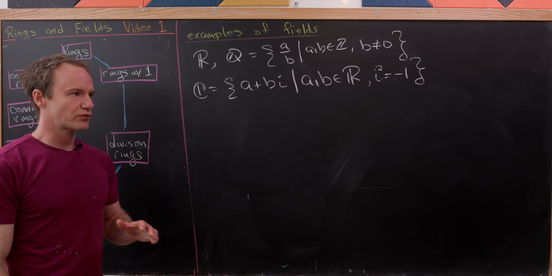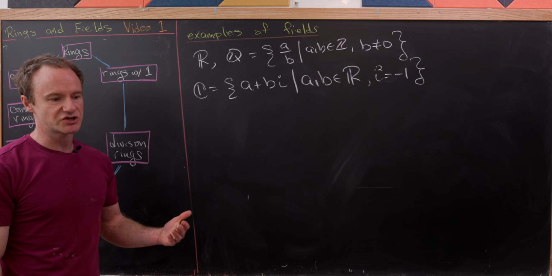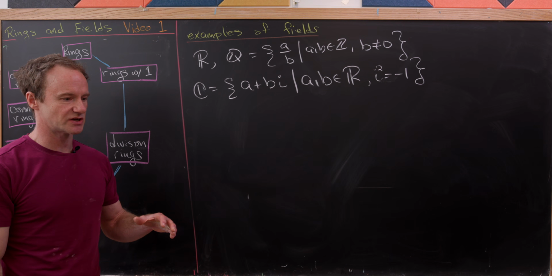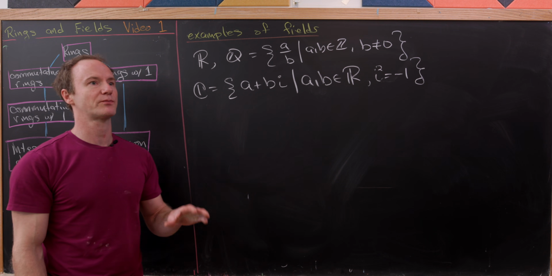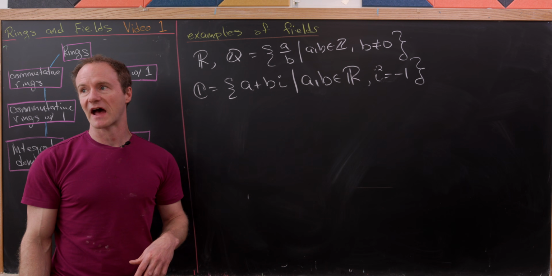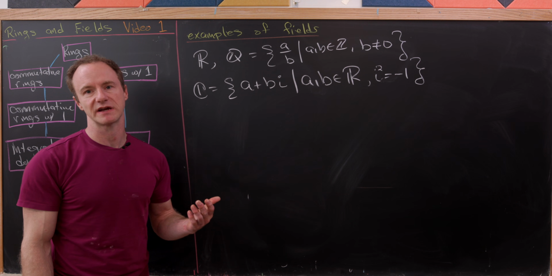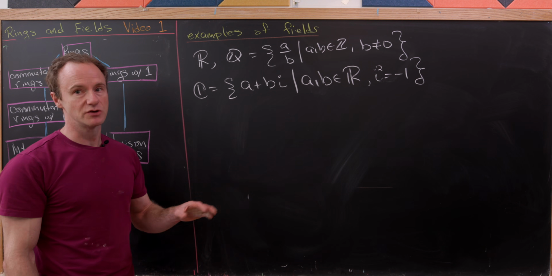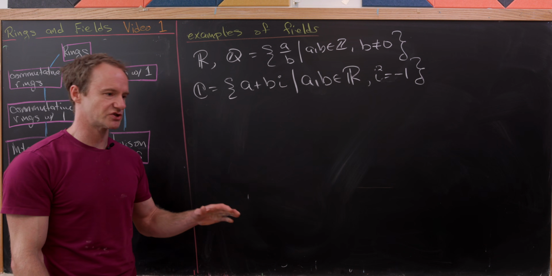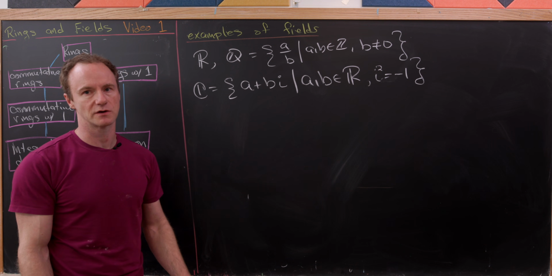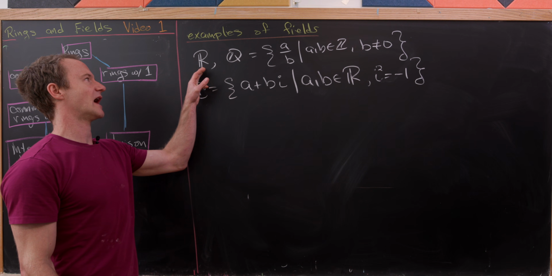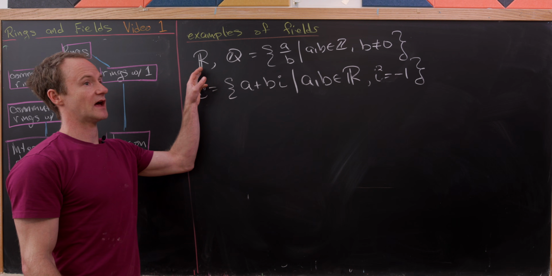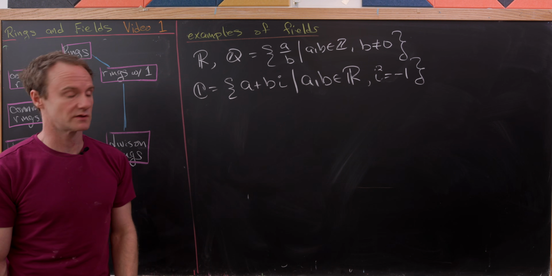I think it's pretty clear that all of the addition and multiplication characteristics or properties hold, except perhaps the fact that everything has a multiplicative inverse. So I guess you can check carefully that multiplication and addition are commutative and so on and so forth. But that's just really going to be inherited from the fact that it's commutative inside of the real numbers.